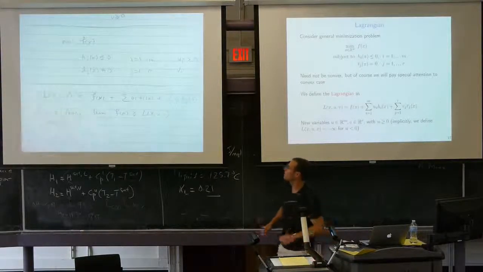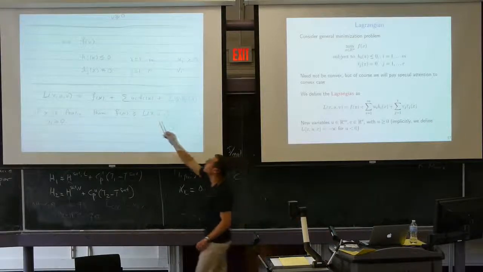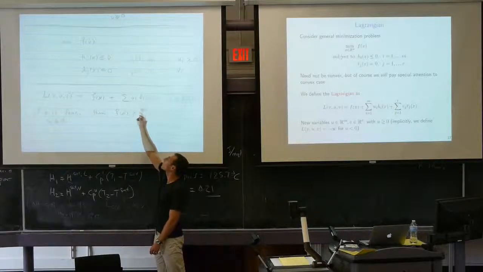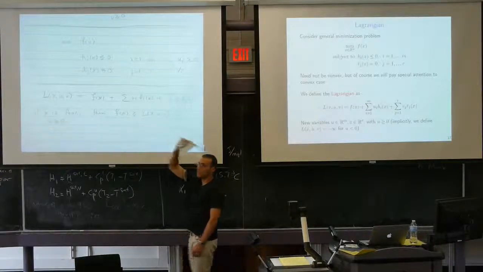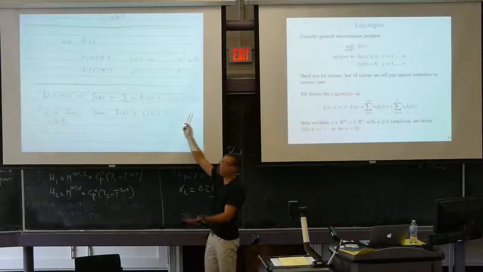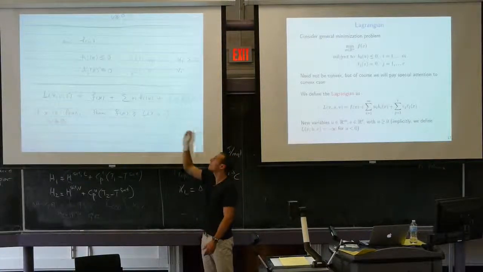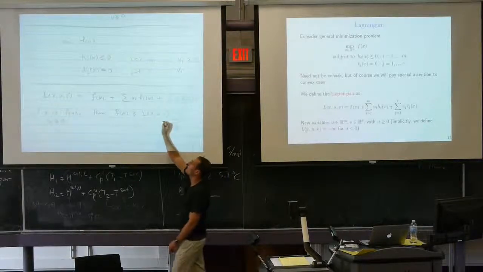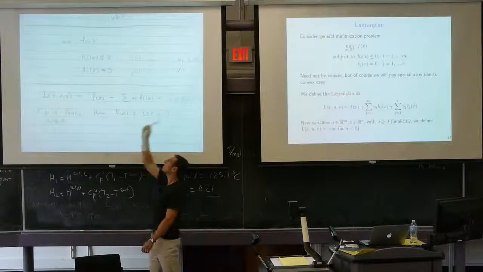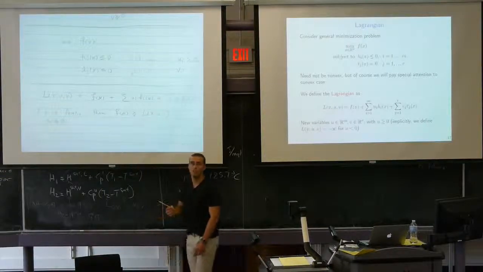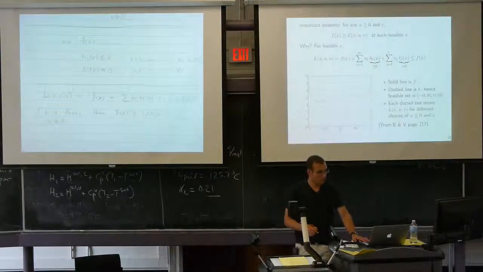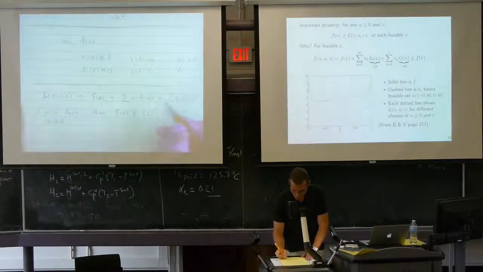Why? Well, because if x is feasible, then h_i of x is less than or equal to 0. So if I multiply by something bigger than or equal to 0, then this whole term is less than or equal to 0. And if x is feasible, then l_j is 0, so I can multiply it by whatever I want, and this whole term is 0. So I get something less than or equal to 0, something equal to 0, and I add to that f of x. So it certainly has to be less than or equal to f of x. Right, so it's a very simple argument.